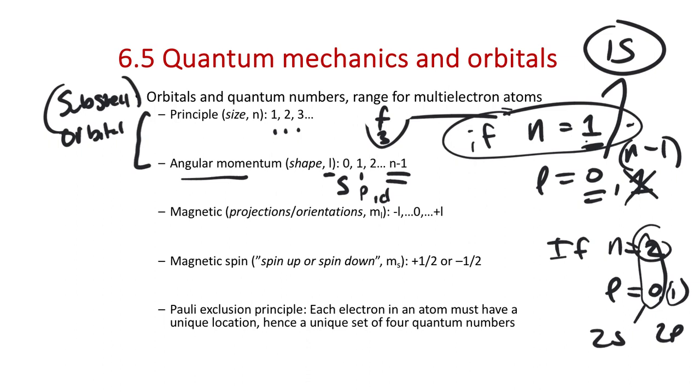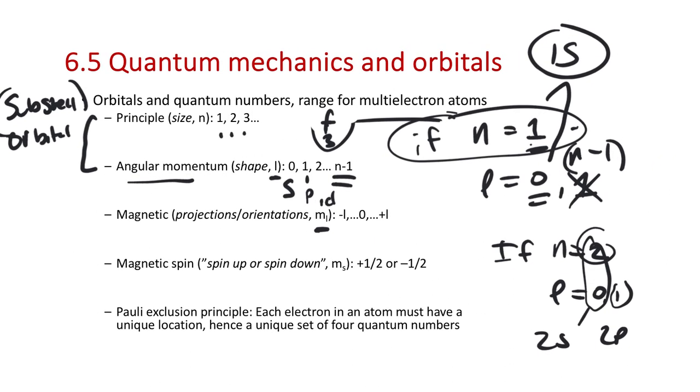We'll look at more ranges as we go along, but let's look at the next quantum number. The magnetic quantum number takes the value m sub L, and this is telling us how many projections or orientations are possible for the orbital. The range of m sub L goes from minus L through 0 to plus L, all whole numbers in between.